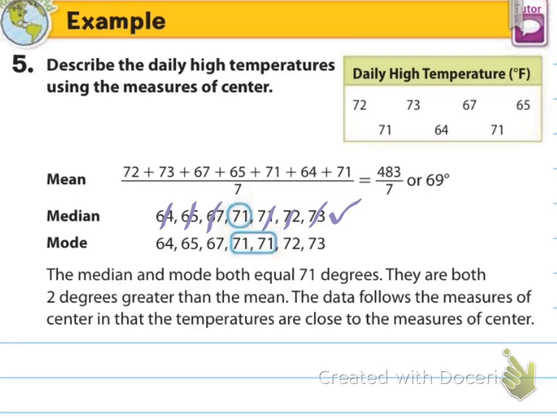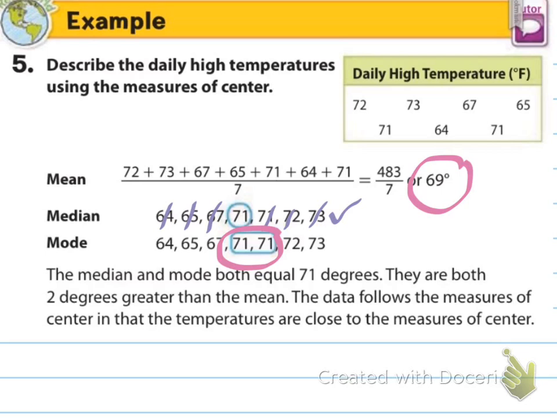Since they're already in order, I see that 71 is the only one that duplicates. So I also see that 71 is my mode. Now finding the mean, remember that we add up all of the values and then divide by how many there are. And there's 1, 2, 3, 4, 5, 6, 7 values. And so I'm going to take the total of all those numbers and divide them by 7. And it tells me that 69 degrees is the mean average.